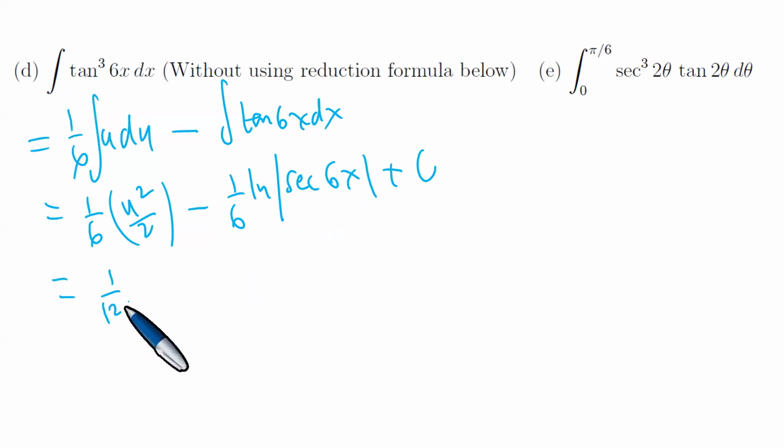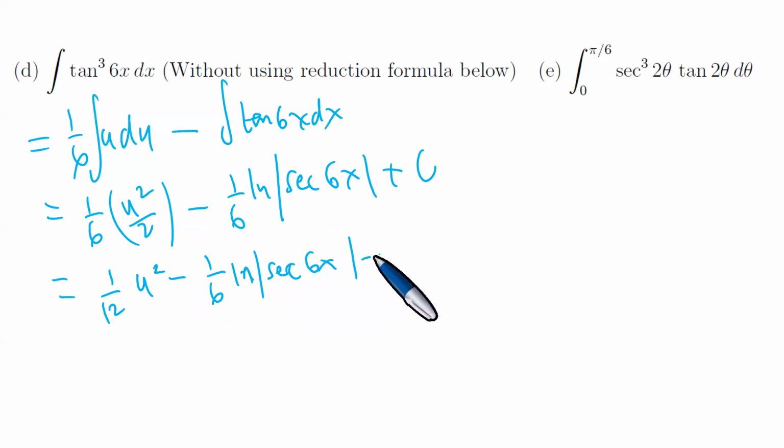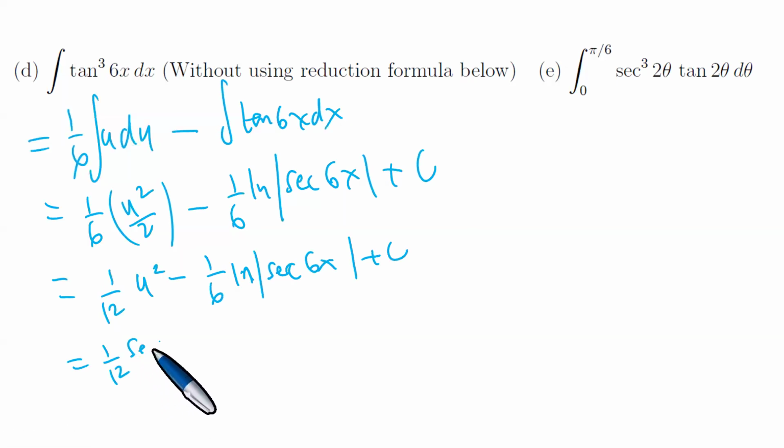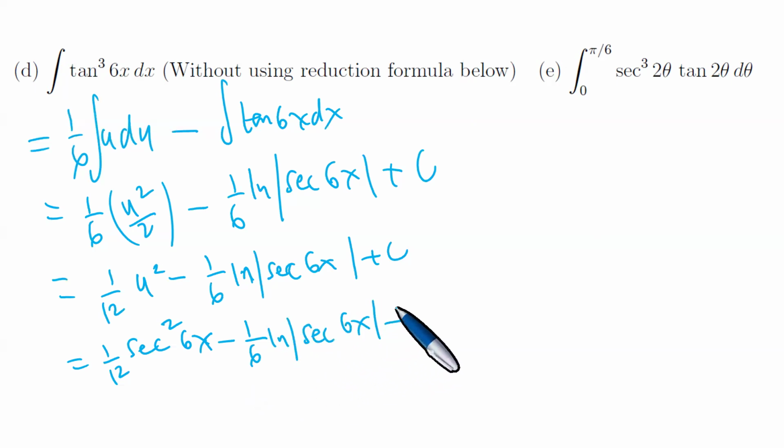This one becomes 1/12 u squared minus 1/6 ln of the secant of 6x. So now u is the secant of 6x: 1/12 secant squared of 6x minus 1/6 the ln of the secant of 6x plus c.